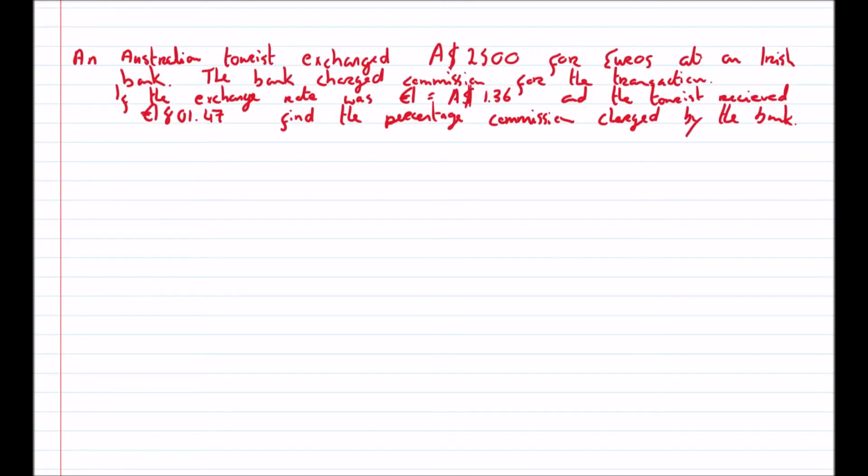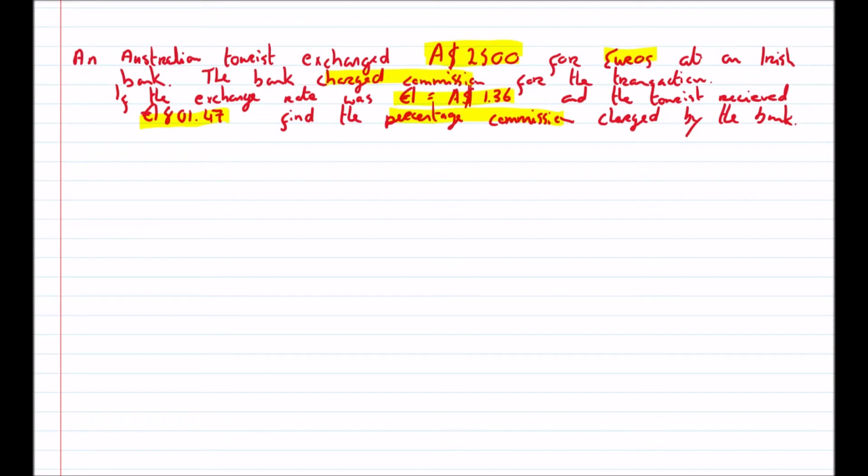Okay, so last question. This is something that would probably be gotten at higher level. An Australian tourist exchanged 2,500 Australian dollars for euros at an Irish bank. The bank charged commission. If the exchange rate was this and the tourist received this, find the percentage commission.